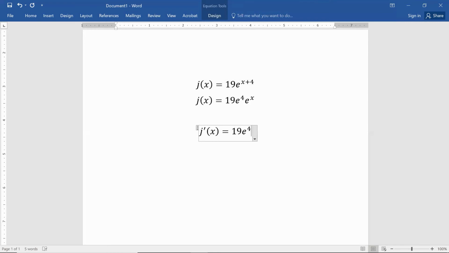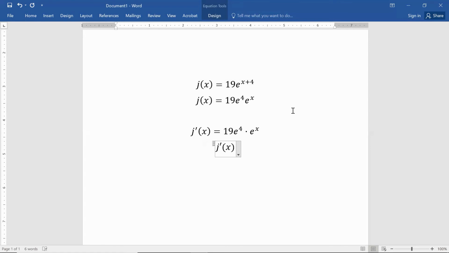I keep the constant number there, and that's going to be multiplied times the derivative of e to the x. Well, the derivative of e to the x is simply e to the x. And so that's it. That's the derivative.